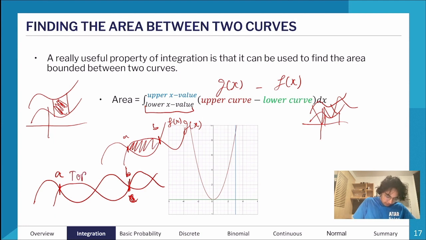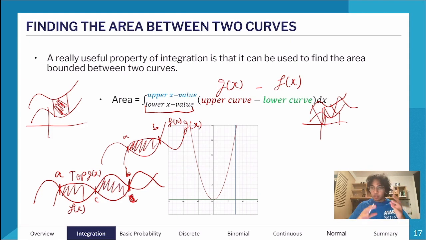In the first period from that first intersection, in just this area here, the top function is g of x, the bottom function is f of x. Now, when we go into this period, let's call that middle point C, from C to B, the top and bottom switch. So now we have f of x at the top, and we have g of x at the bottom.